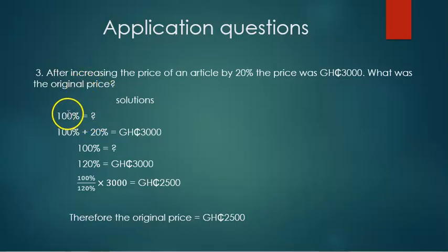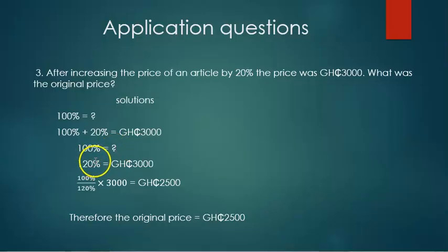So if 100% is equal to question mark, then 20 being added to 100, which is 120, is equal to our 3,000 Ghana cedis. So the new percentage should be equal to the new price. Now the original percentage should be equal to the original price, which we don't know.